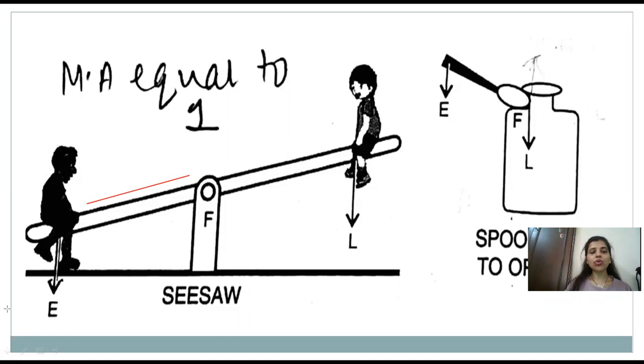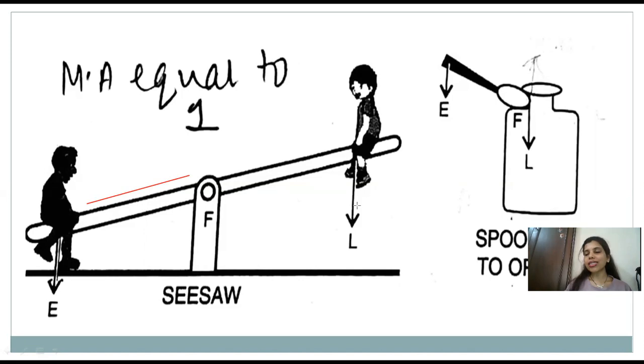Remember it. So don't get confused that here both are showing in the downward direction, because the weight of the boys is acting like a force. So if you consider one of the boys as the load, it is going to be in the downward direction. One of the boys as the effort, even then it's going to be in the downward direction.